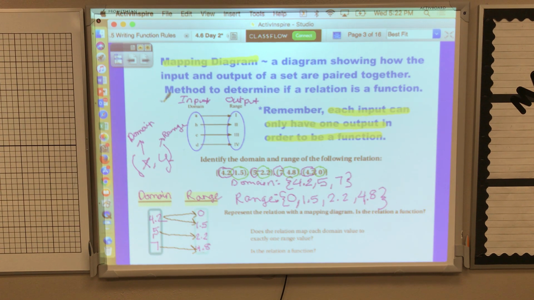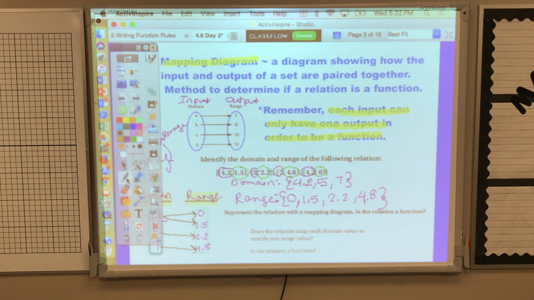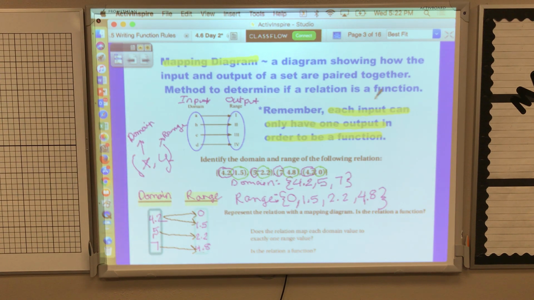So then it wants me to decide, is that mapping diagram a function? So what I need to check is, does each input have only one output? If I look right here at 4.2, okay, there's one line and there's 2 lines. So it's asking, does the relation map each domain value with exactly one range value?